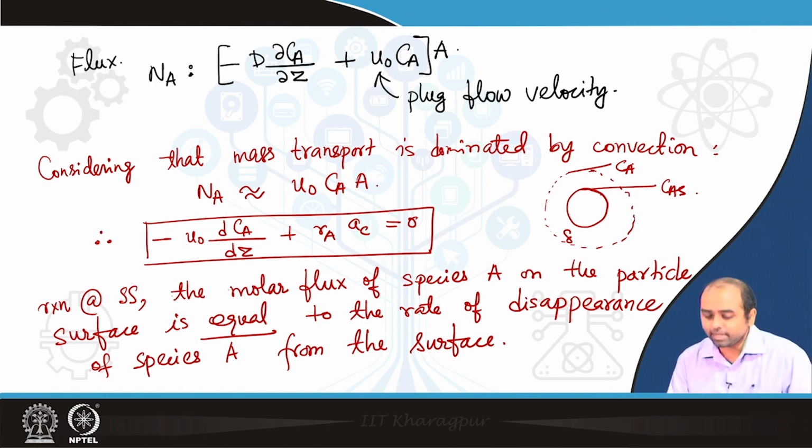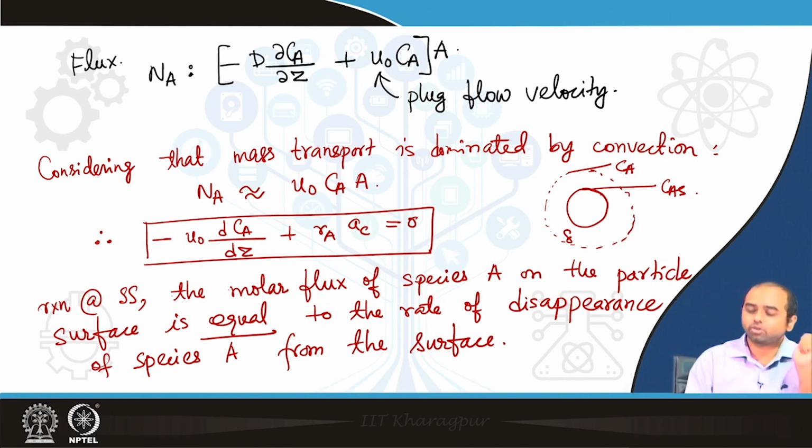So, it should disappear from the particle surface, and this is very much equivalent to the linear driving force model which we have just seen in the previous lecture on adsorption, right.